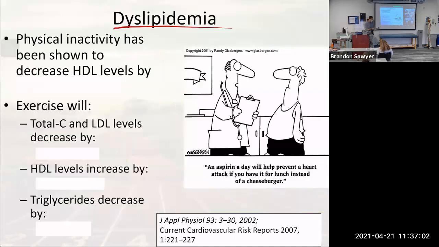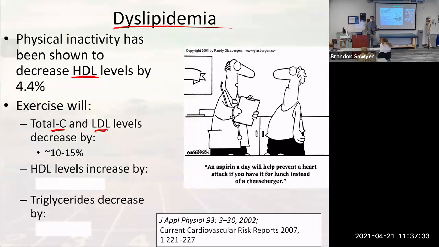Okay. All right. So what about cholesterol levels? Physical inactivity has been shown to decrease our HDL levels by somewhere around 4.5%. Okay, so HDL is the one we want to be higher, right? So when people don't exercise, HDL goes down. But if we take people that aren't exercising and put them on an exercise program, we can expect to see our total cholesterol and LDL levels decrease by somewhere around 10 to 15%.